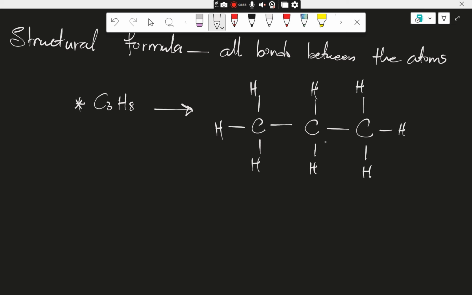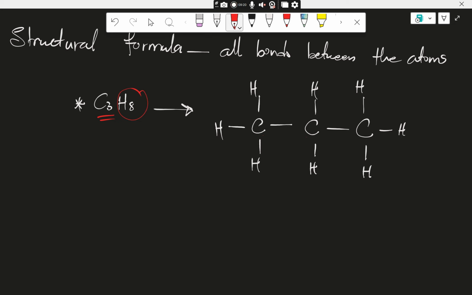That's the nomenclature for hydrocarbons, so we'll get to the naming part later. You don't have to worry about that for now. We can count one, two, three carbons here, and then one, two, three, four, five, six, seven, eight hydrogens.